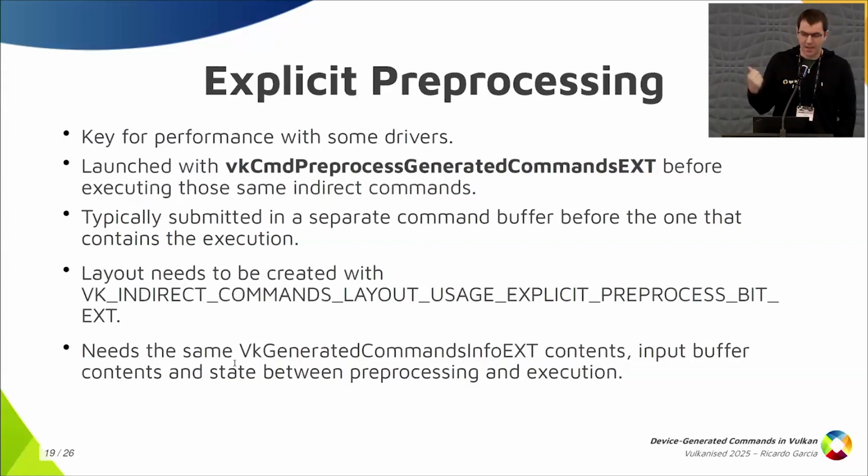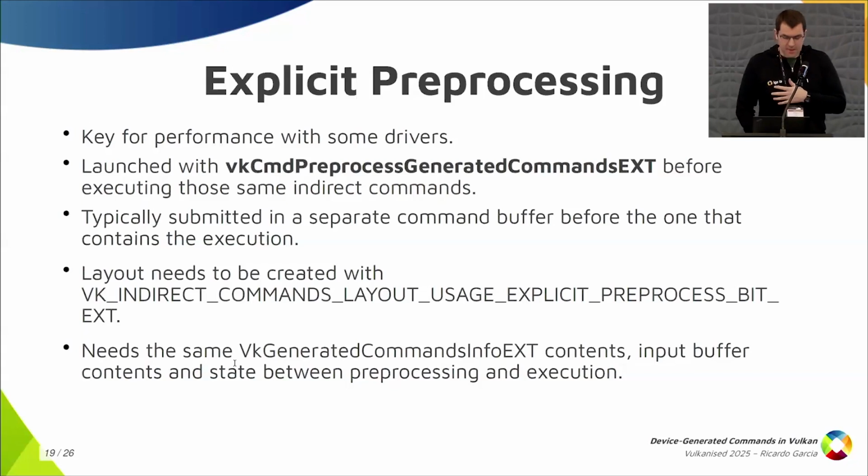So this is designed so that if you want to do explicit preprocessing, you probably want to use a separate command buffer for preprocessing, and you want to batch preprocessing calls together and submit them all together to keep the GPU busy and to give you the performance that you want. So you submit the preprocessing steps all together first, while you still prepare the rest of the command buffers and you enqueue the next batch of work. That's the key to use preprocessing optimally.